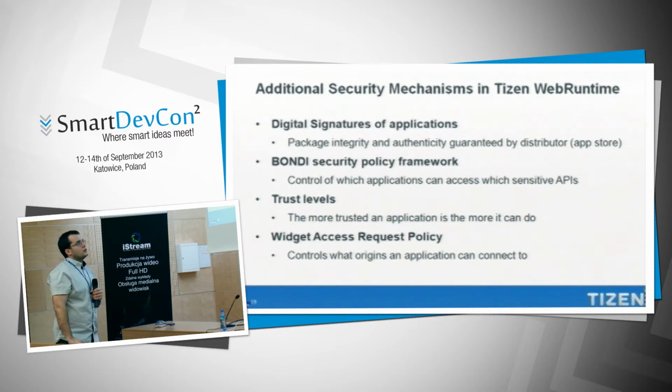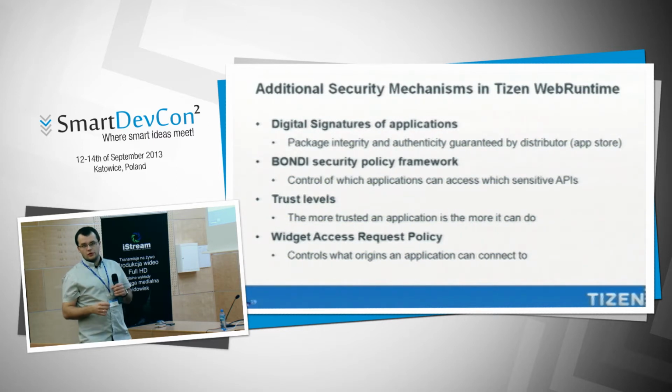This model is used in Firefox OS, where you have three levels. You have the untrusted level, the certified level, and another very privileged level that is only used for the built-in applications written by Mozilla.